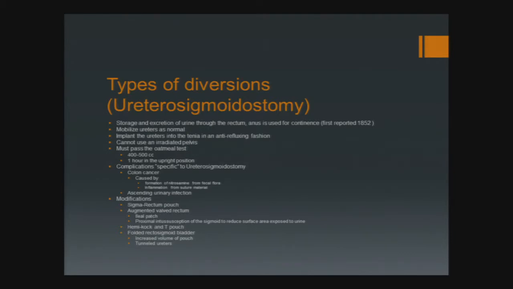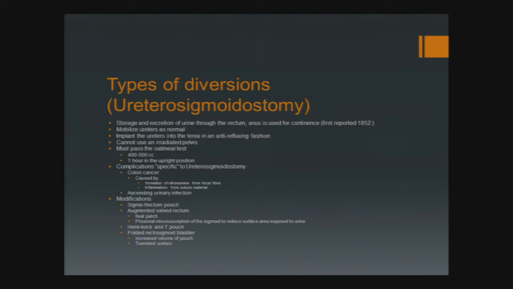Some various modifications to ureterosig are a sigmoid rectum pouch and an augmented valved rectum. You can actually take a patch of ileum and put it onto the rectum to allow for better bladder function of the rectum. And then you can try to reduce the surface area of the bowel that's exposed to urine.